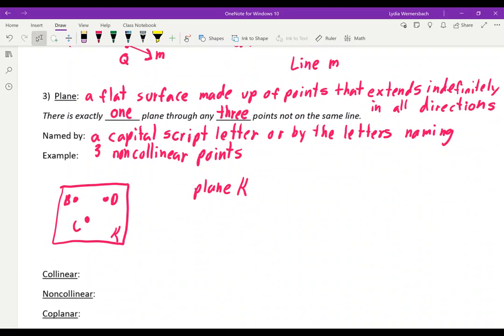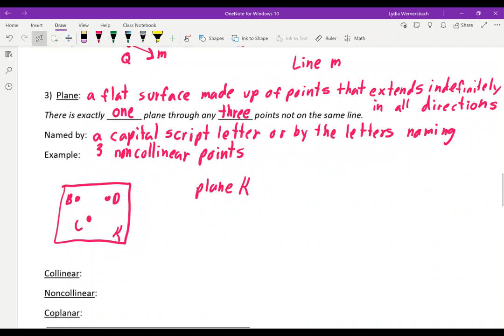So we can call it plane K. And then these 3 points here are not collinear. They're not on the same line. Now, if there was a point here, we wouldn't be able to name it with those 3. We have to be using 3 points that are not on the same line. And so we can call this plane BCD.